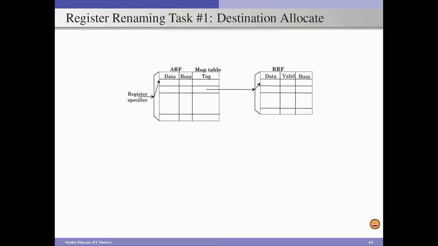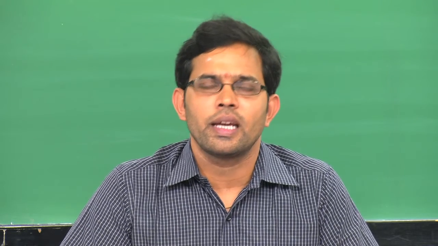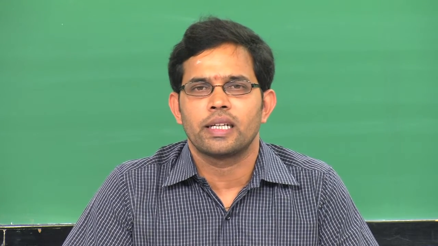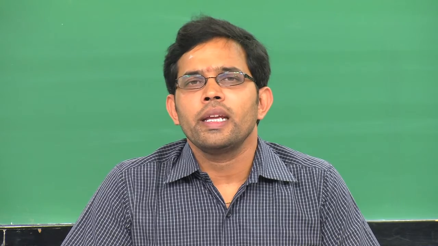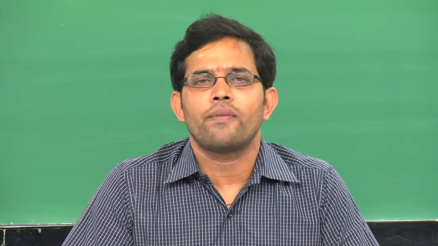So, when we have add R1, R2, R3, we rename R1 with some register in the rename register file. Similarly, for any other instruction, we take the output register and rename it. The reason is that once we rename all our destination registers, there won't be any name dependencies, because name dependencies happen mainly because of reusing the output register or the destination register.